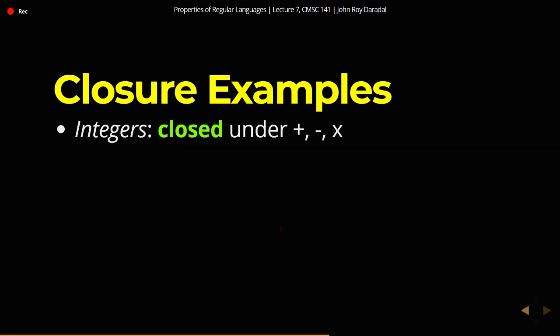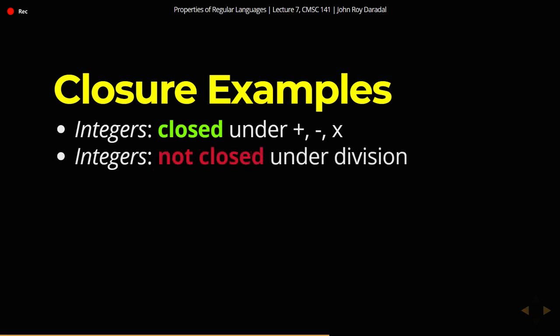To make it clearer, let's see some examples. For example, integers are closed under addition, subtraction, and multiplication, because if you add two integers, it will still be an integer. If you subtract two integers from each other, the result will still be an integer. And if you multiply two integers, the result will still be an integer, right?